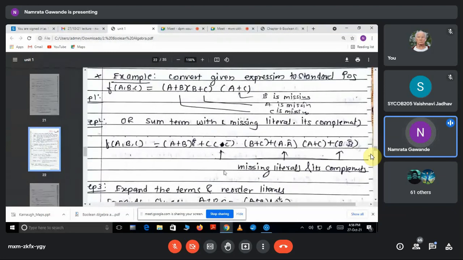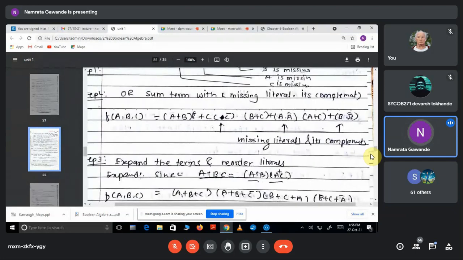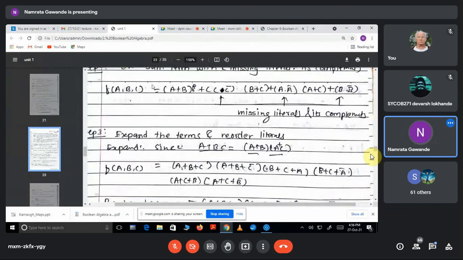And then after that, expand the terms using this particular law: A plus BC equal to A plus B, A plus C. Okay. So A plus B plus C, this term along with this first term. So A plus B plus C will be one term now.